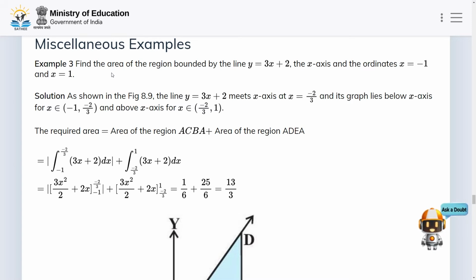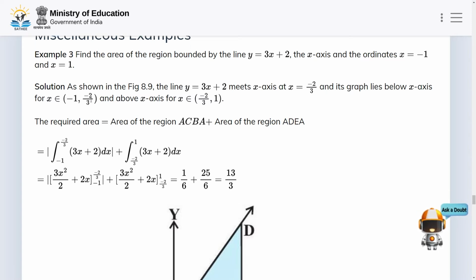We have to find the area of the region bounded by y equals 3x plus 2, which is a line, and the x-axis and the ordinates x equals -1 to x equals 1. Clear? So first of all, graph it, so that you have some idea what will happen.